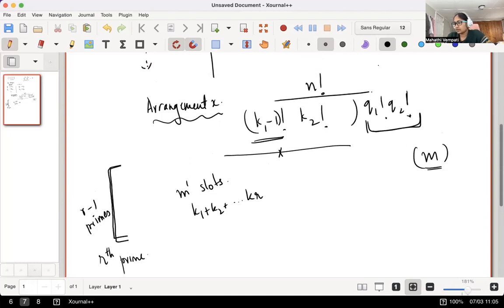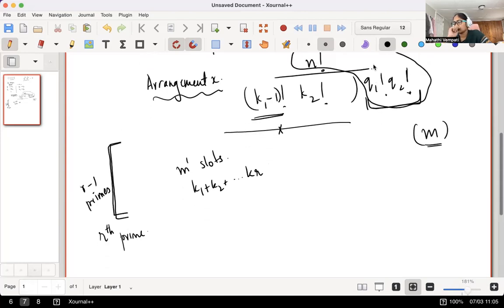So forget this n factorial; it's always going to be there for everything.